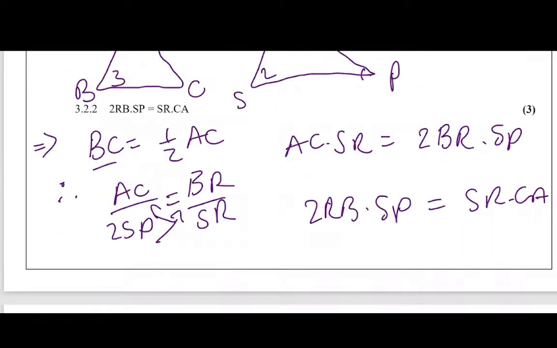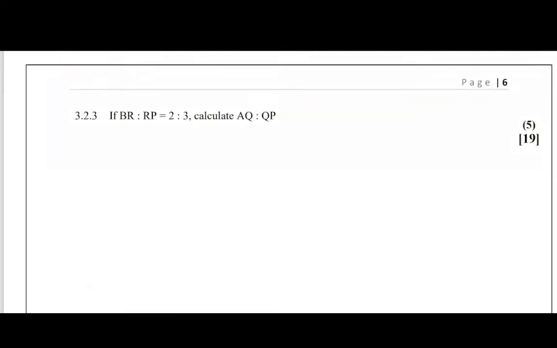Okay, then 3.2.3. They are telling us, what if the ratio of BR to RP is 2 to 3?